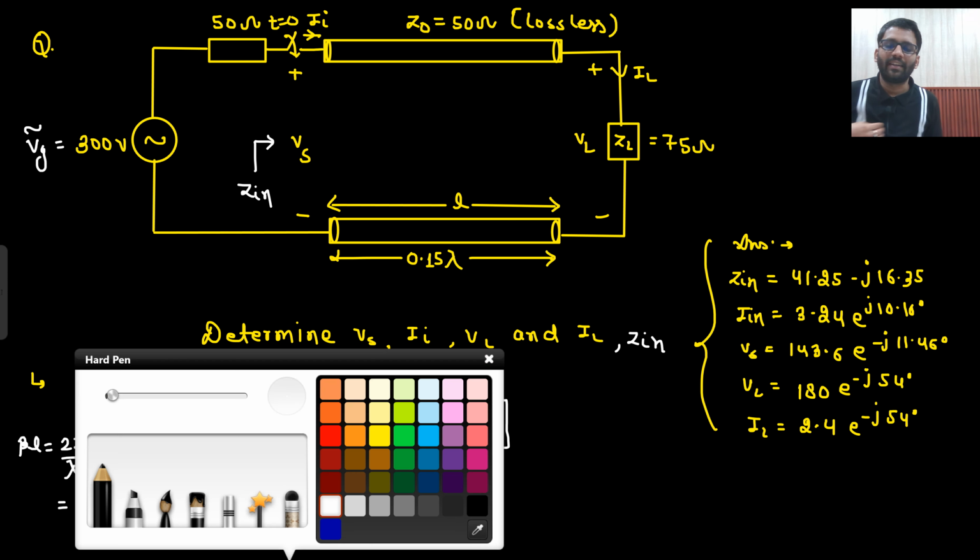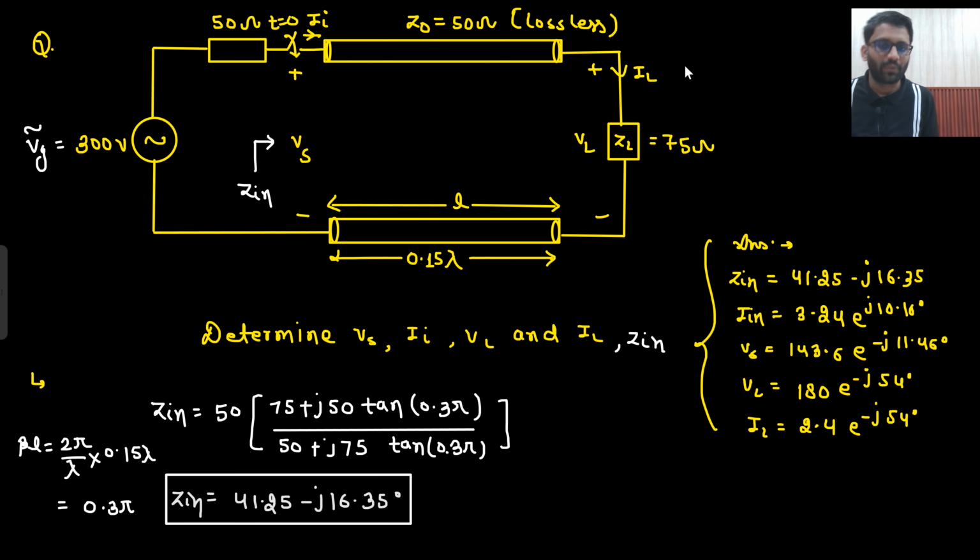Okay. Now I need to find I in, Vs, all these things. For that, I can replace my transmission line with the input impedance, that is Zin. So now I am going to replace my transmission line, which is having Zg impedance 50 ohm, with Zin.